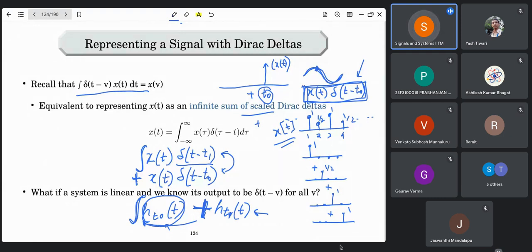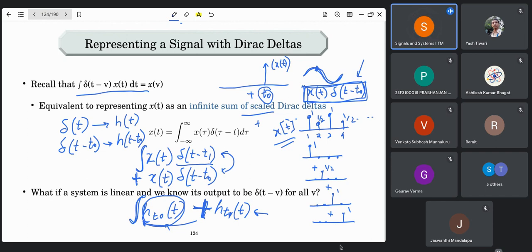In other words, if I know only the output of delta of t, let's say this produces an output of h of t, then what is the output of delta of t minus t naught? Because of time invariance, I can say this is the output.